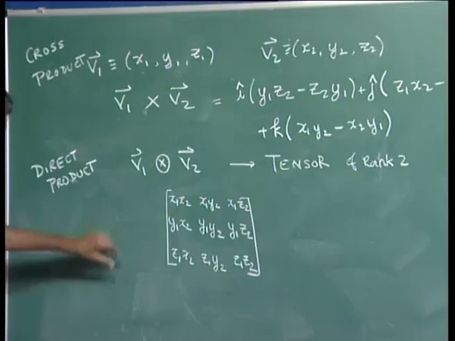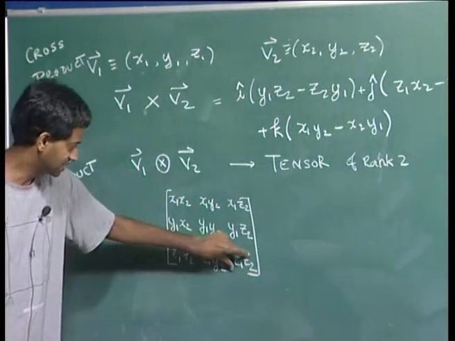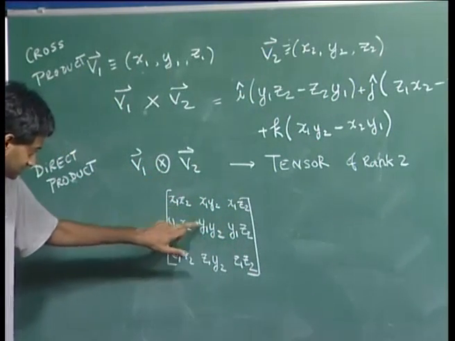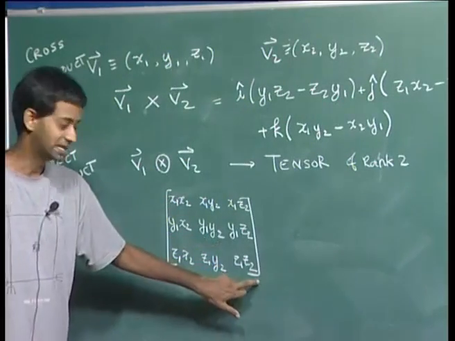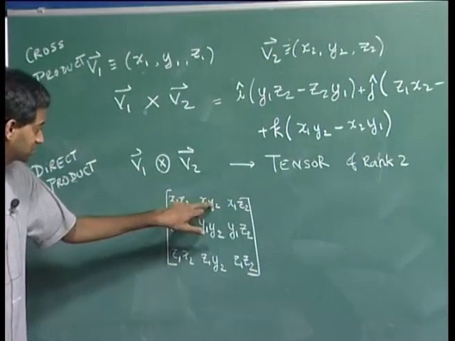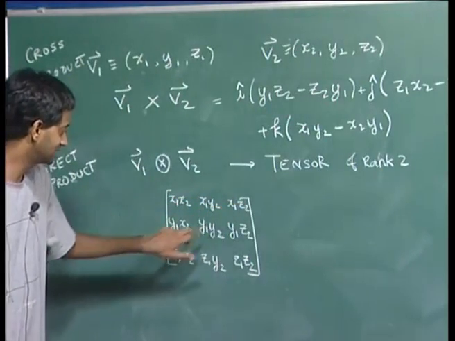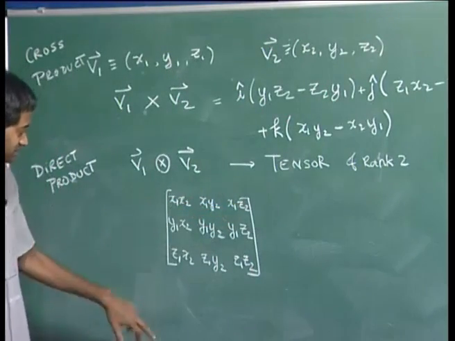Okay. So notice that along the diagonal of this direct product you have the terms that appear in the dot product. So the dot product is the sum of these diagonal elements, and the elements that you see in the cross product also appear here.